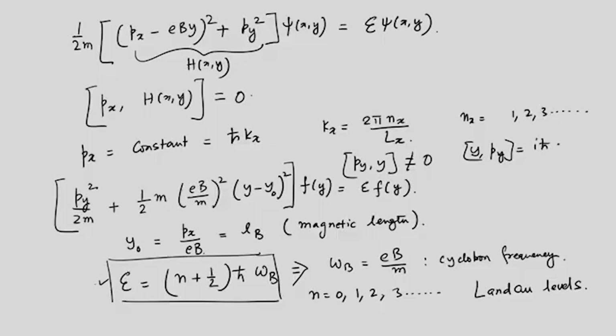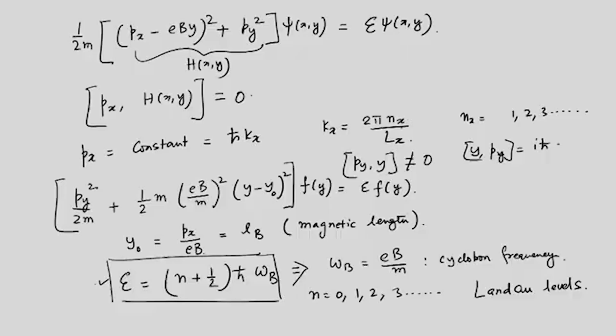It comes from the fact that kx is a constant, and the result that you have got is independent of kx. So, kx does not play a role here, which means any value of kx would give rise to this level, and this kx has nx associated with it, which denotes the quantum number of the states.